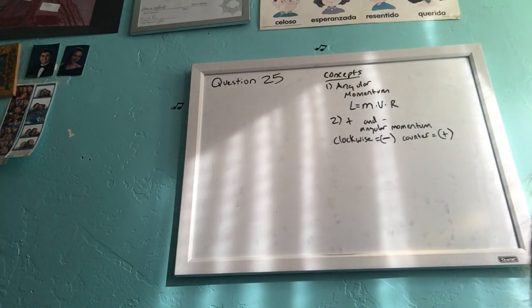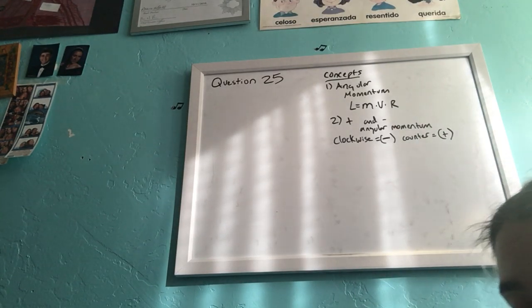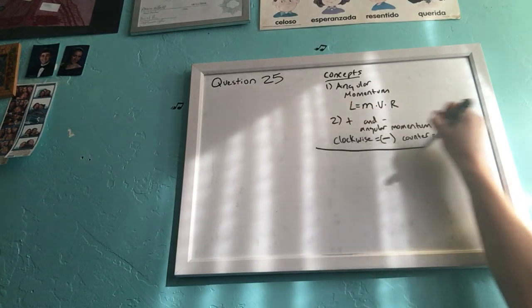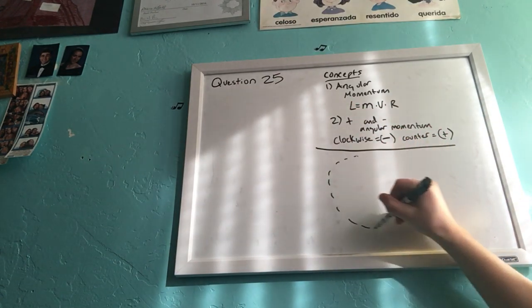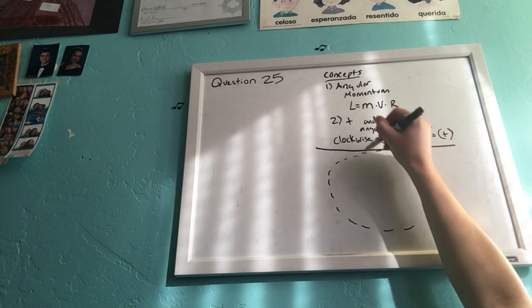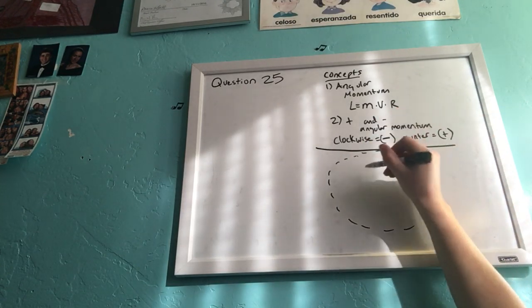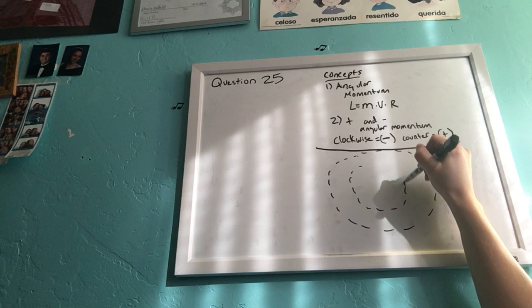Okay, so first I'm going to draw the picture in order to explain it. So I'm going to draw it right here. There is a two orbital system. This is the outside orbit, this is the inside orbit.